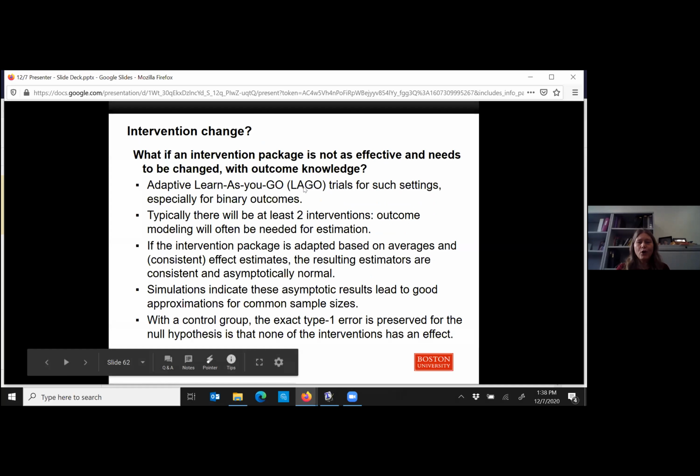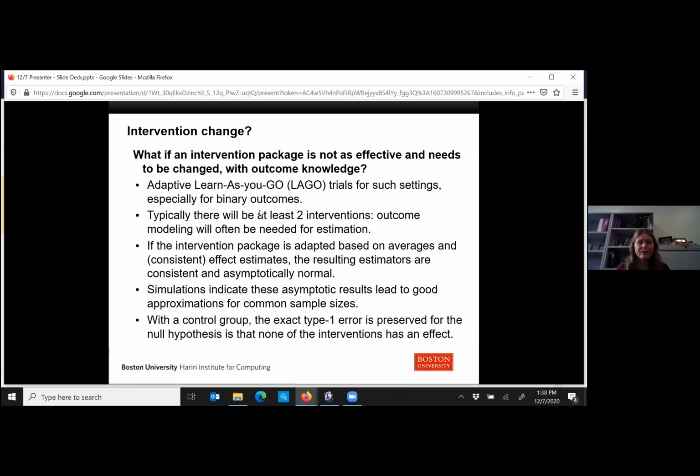Adaptive Learn as you go, or LAGO trials, are for such situations, especially for binary outcomes for now, because the other results we have not published. Typically, there will be at least 2 interventions, and so outcome modeling will often be needed for estimation. If the intervention package is adapted based on averages and consistent effect estimates, the resulting estimators are consistent and asymptotically normal.